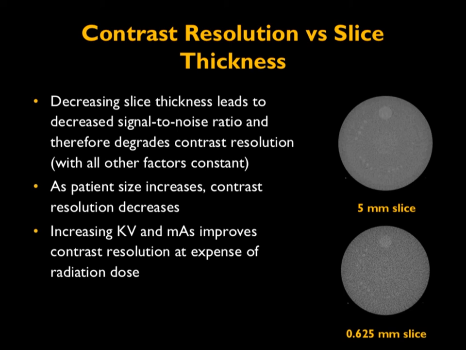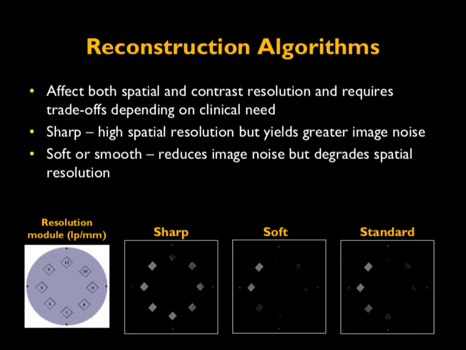The other factor which influences both spatial resolution and contrast resolution is the reconstruction algorithm. The reconstruction algorithms are provided by manufacturers. A number of reconstruction algorithms are available based on how they mathematically model the raw data to reconstruct the image.